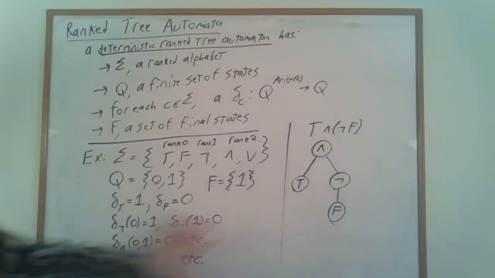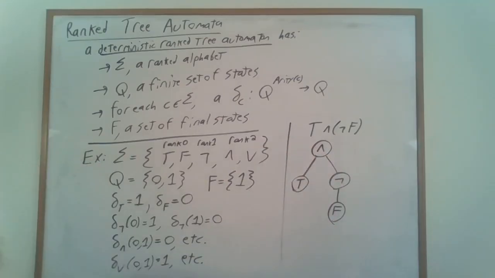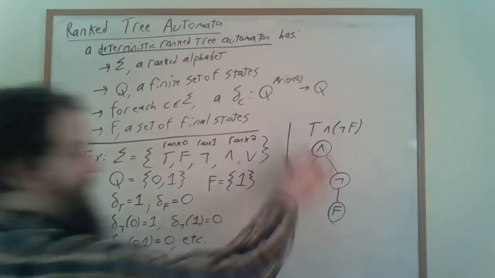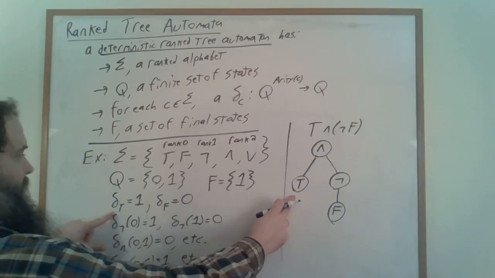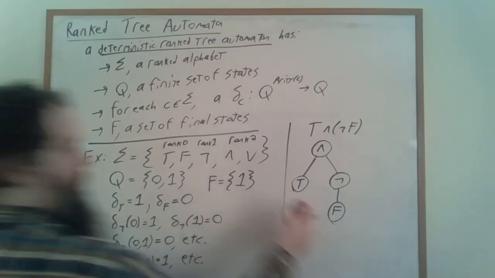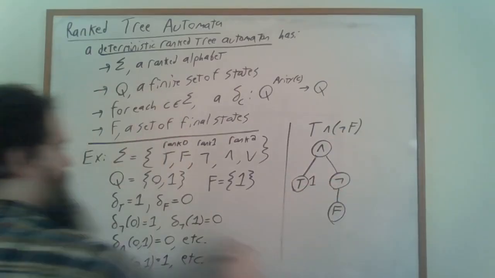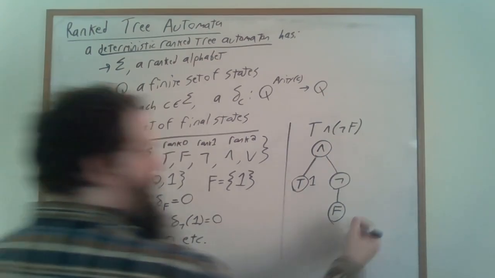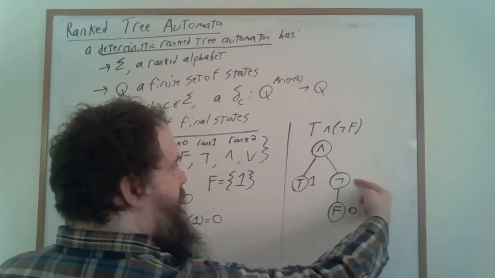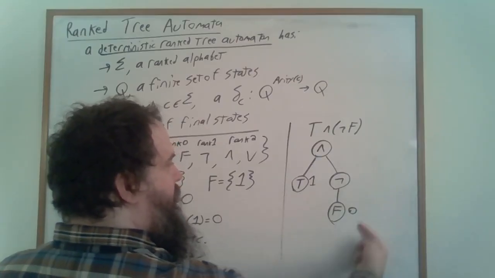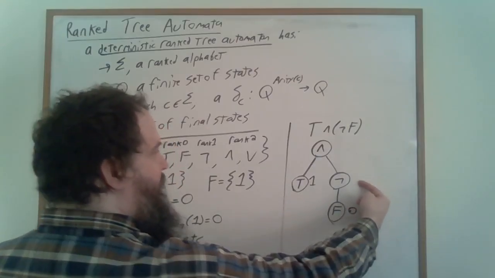Let's apply this automaton to this particular parse tree here. We start at the leaves, so we assign delta t to this node here. We assign delta f to this node here. Now that we've worked out the states for all of the children of this node, we can specify the state of this node.